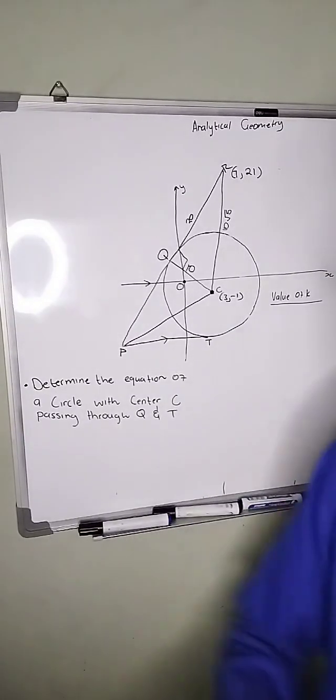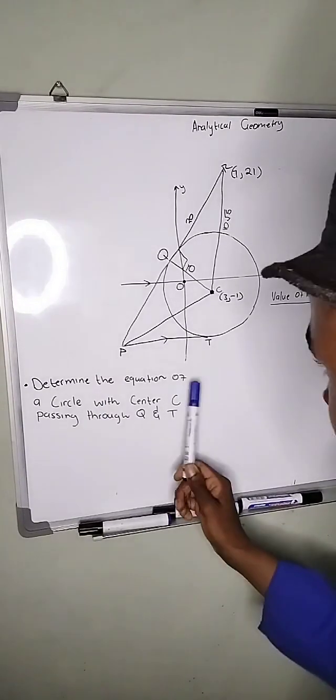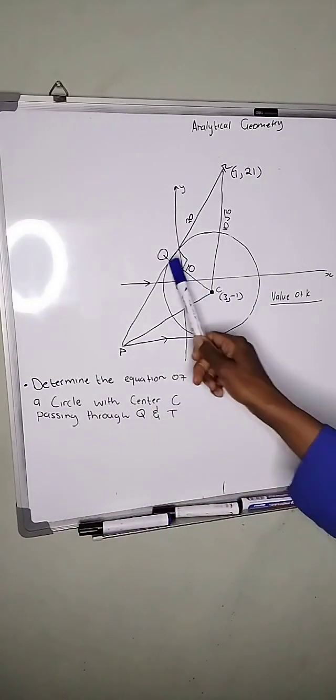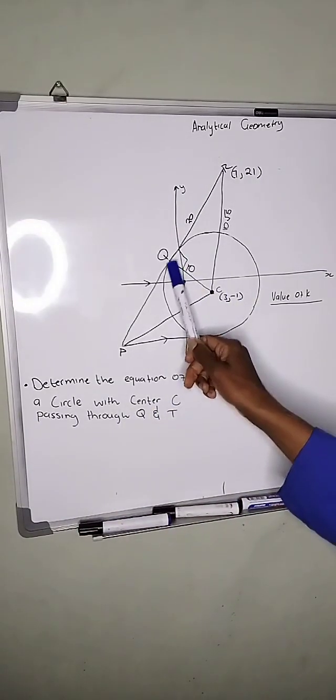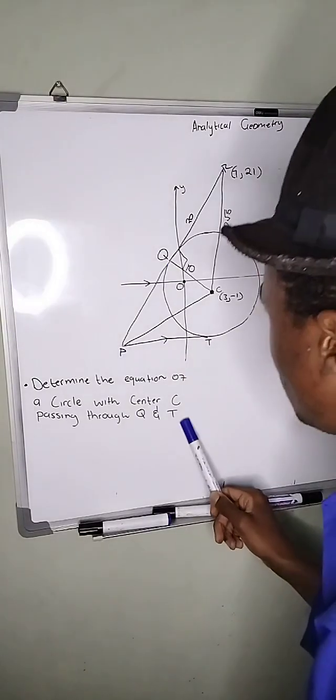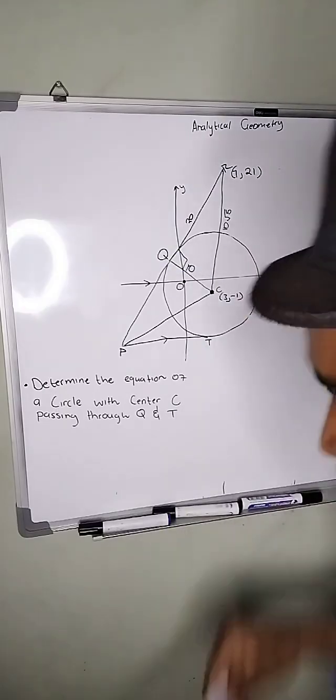Is it fine now? So they're saying we should determine the circle with the center C passing through Q and T. Where is our T?